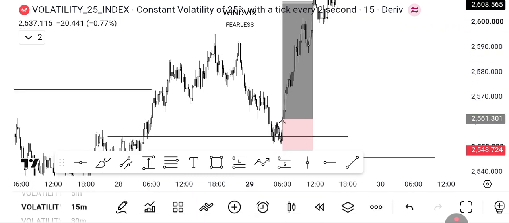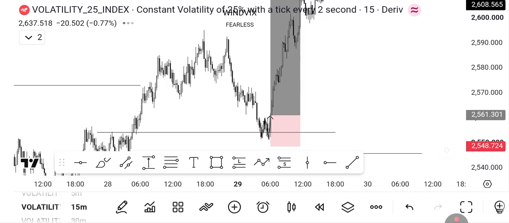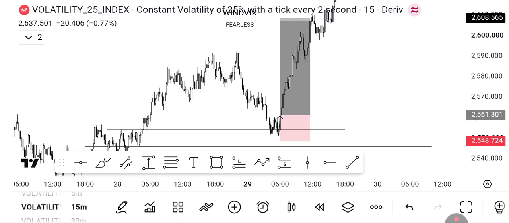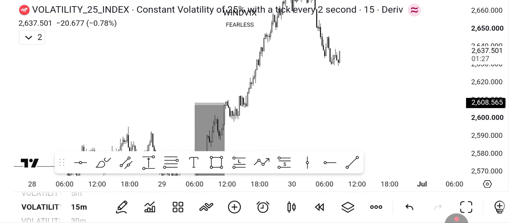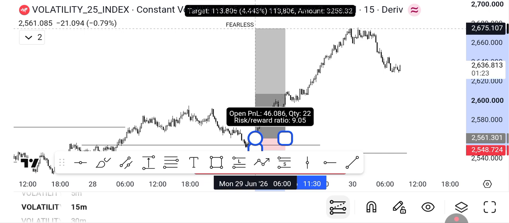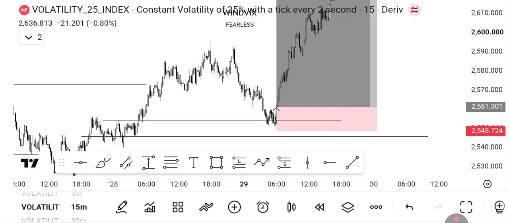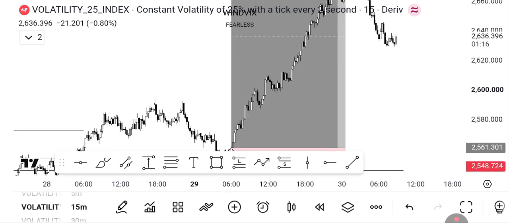I actually took this trade. I may flash it in the video for you to see. So see where the trade went up to. Crazy. If you leverage this on your MT5, you'll be in for crazy money.